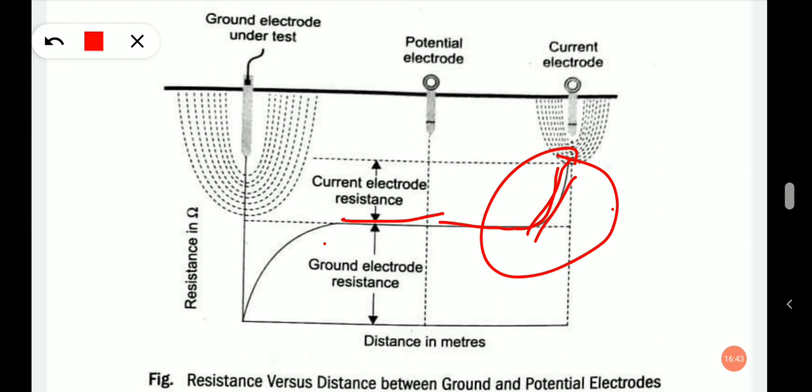Then we discussed about high resistance measurement using a Megger or mega ohm meter, and in this video we have discussed about measurement of earth resistance with the help of fall of potential method.